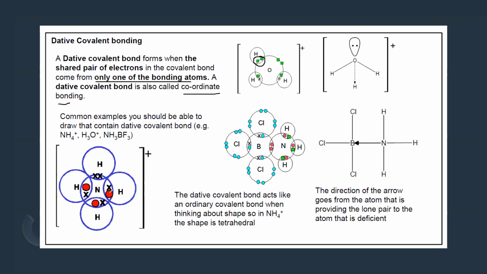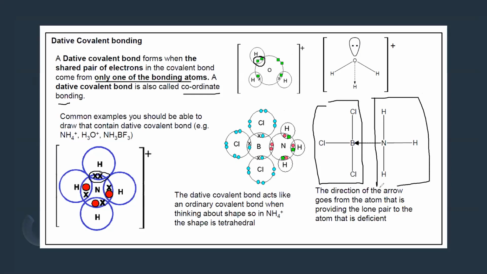In NH4+, nitrogen and hydrogen are all stable, but there is a lone pair that will attract a hydrogen ion, so one of the bonds is dative. And if you have two molecules, like boron trichloride and ammonia: ammonia is stable, but the boron in boron trichloride is not stable.